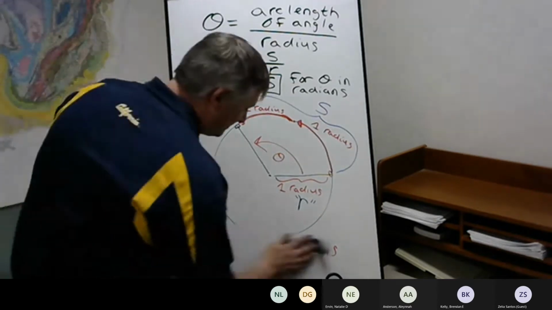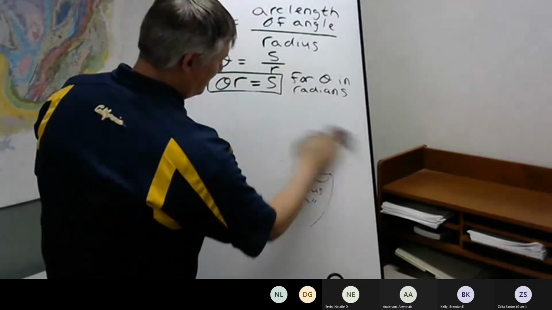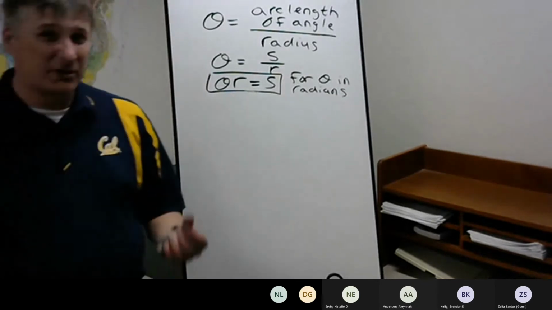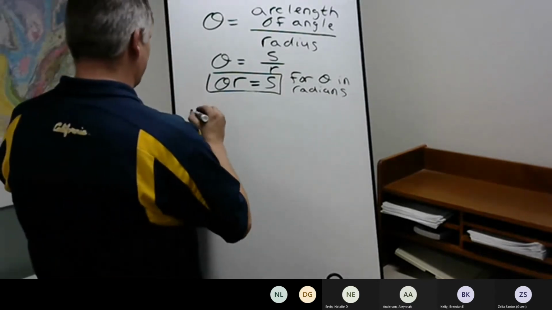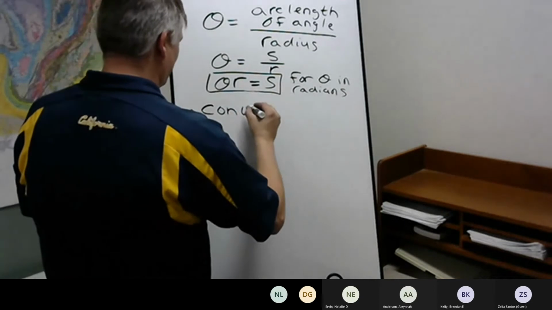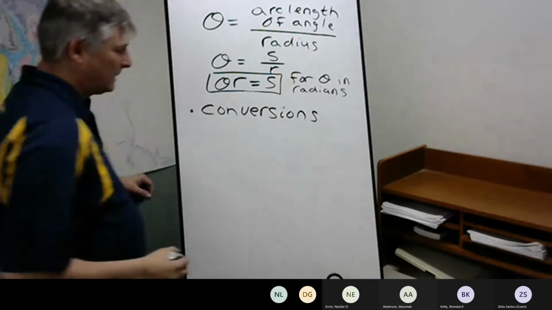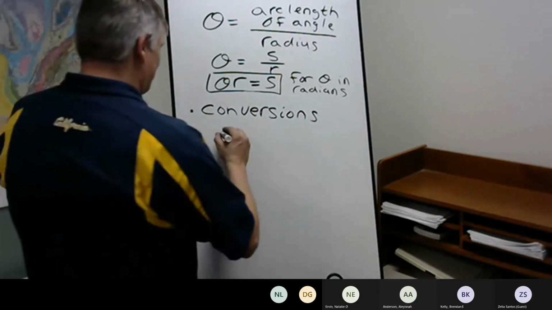All right. So we want to talk about conversions between degrees and radians. So let's say you want to go degrees to radians.